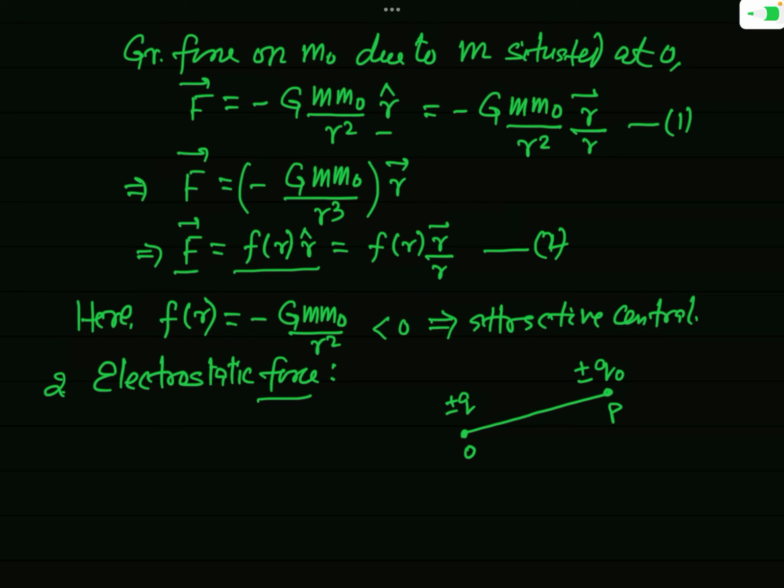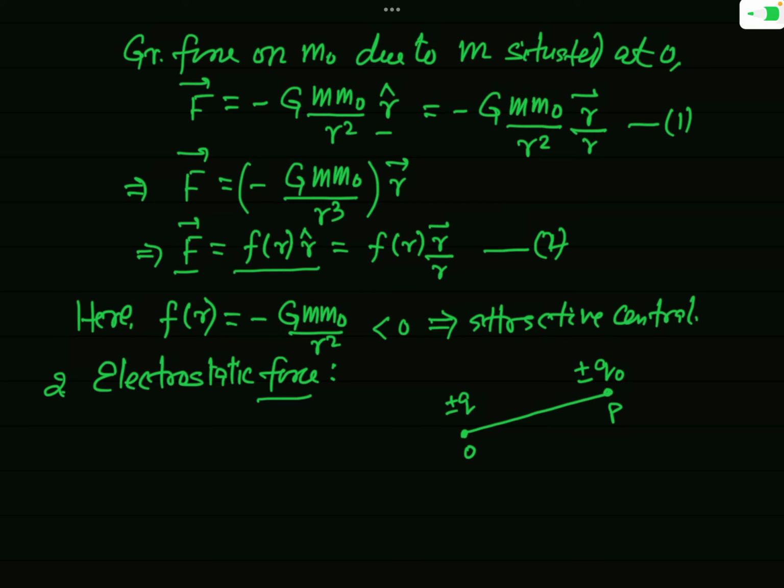So in this figure I have shown that both of the charges, that is q and q naught, are of same sign. When you take q naught positive, then q is also positive. If you take q naught negative, then q is also negative. In this case, the repulsive electrostatic force will act on this q naught.